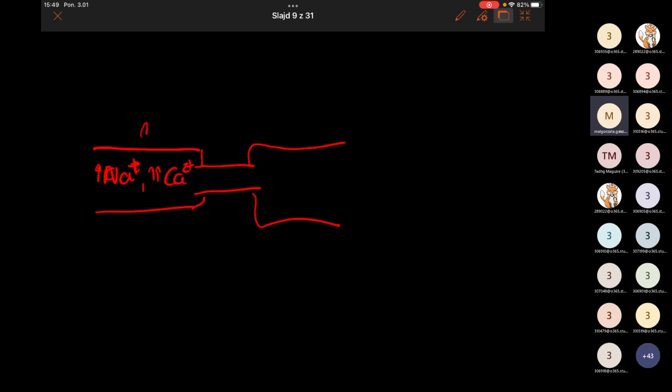In the next step, the sodium-calcium current flows into the cardiomyocytes.